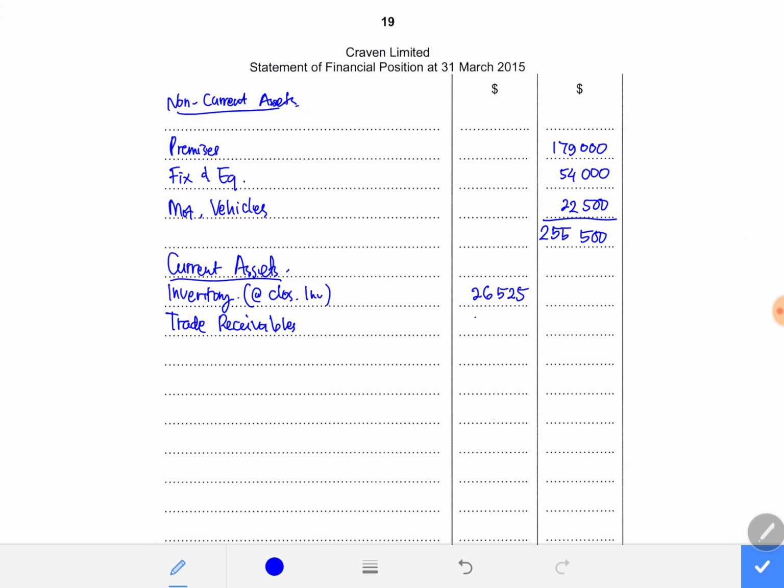Your trade receivables is 21,000, and then you have a provision for doubtful debts, which is negative 525. So total current assets is 20,475.